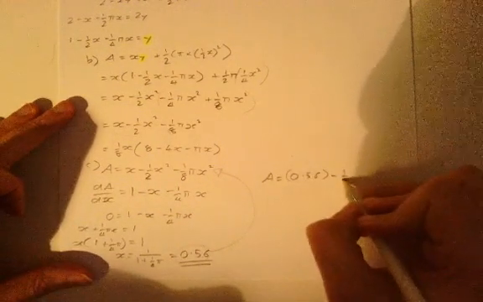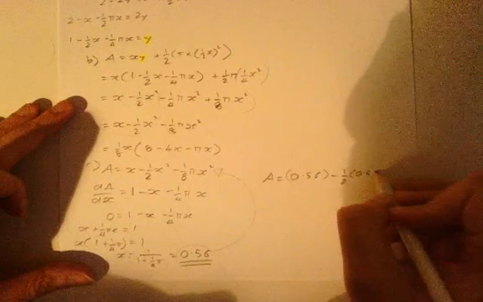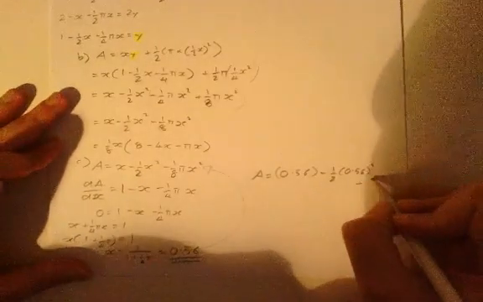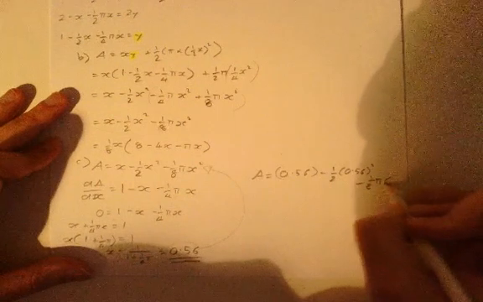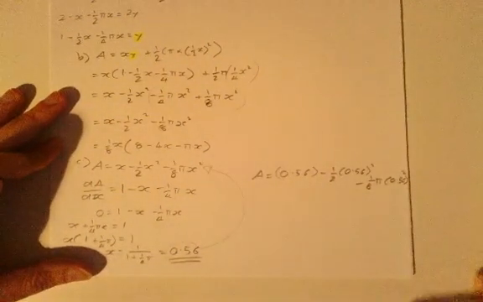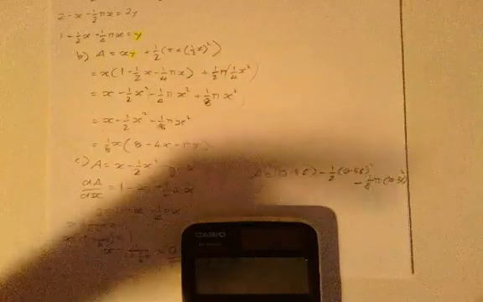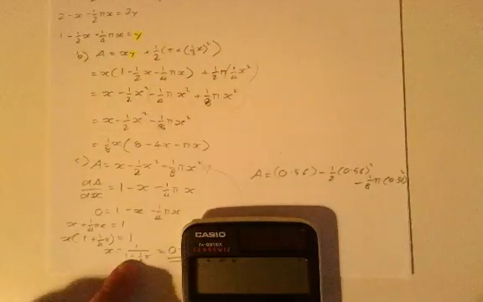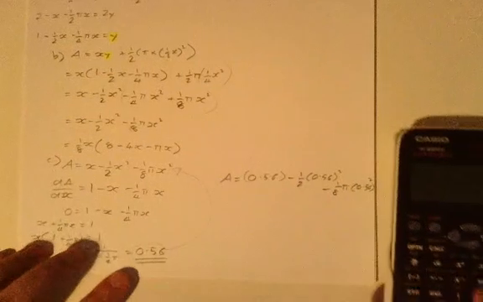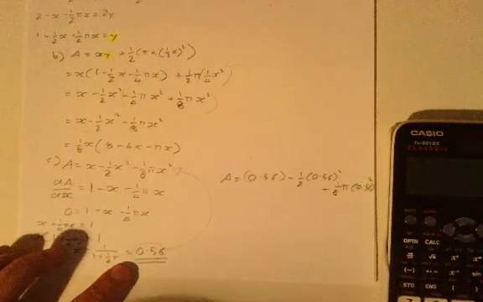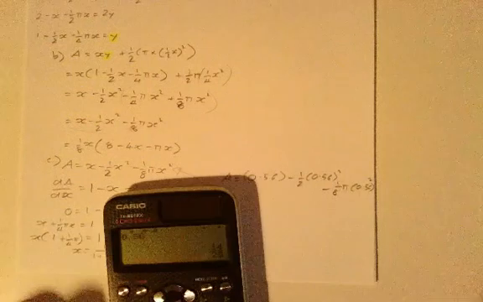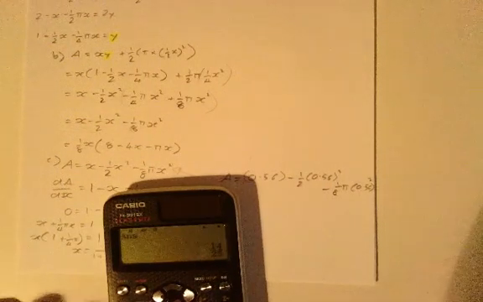So 0.56 minus half 0.56 squared, minus an 8th pi 0.56 squared. Now in the back of the book and in the solution bank, it does this by keeping everything as a fraction. I can't really see why you would need to do that here, because it doesn't say show that it equals a certain fraction. So I'm going to keep it like this.